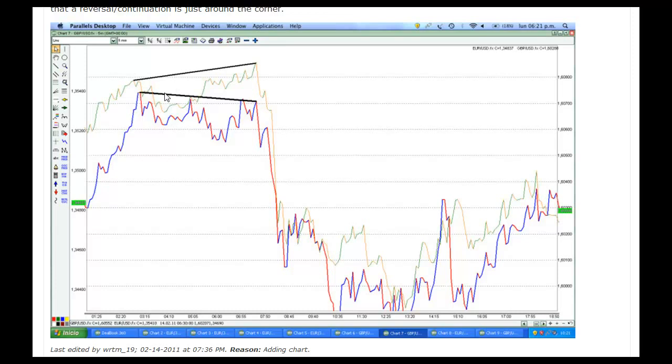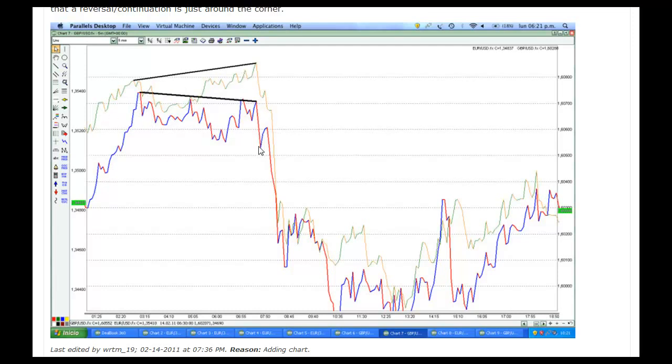Now, behind the scenes, the underlying dynamics of this suggest that they were selling more of the British pound than they were selling of the euro.